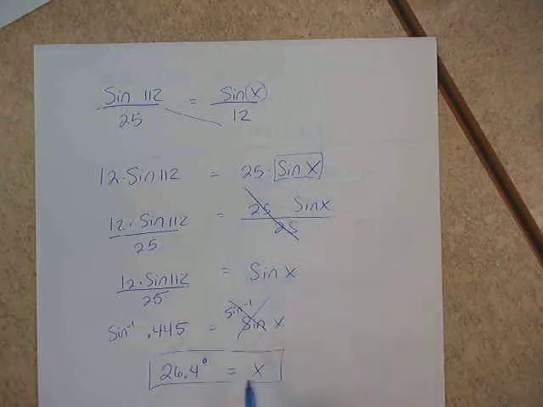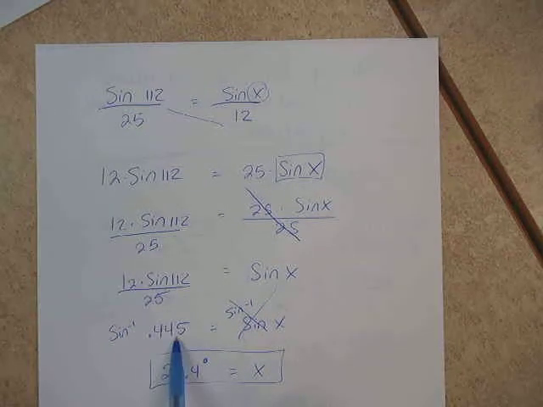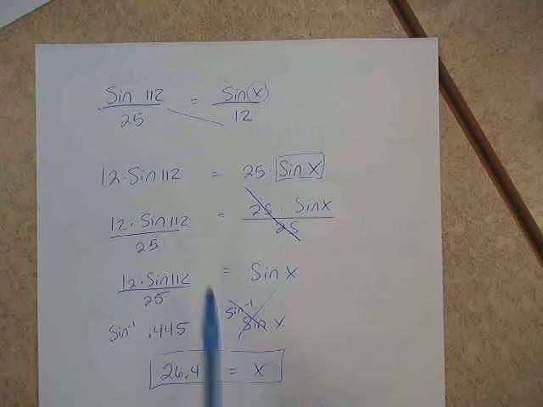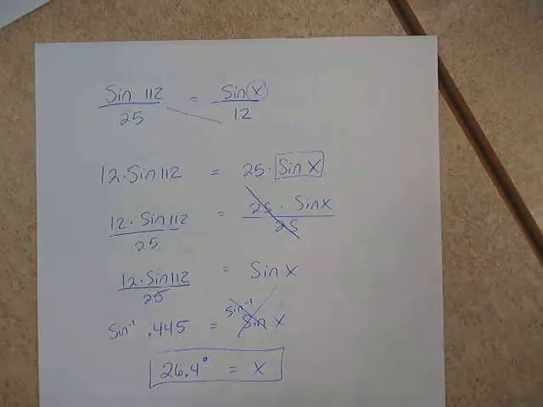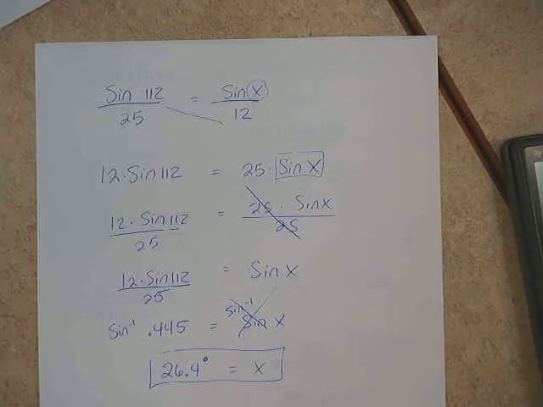If I got to this point, would it make sense to you to have an angle that was 0.44 degrees? Probably not. So that should be your clue. You're solving for an angle, and this would not make sense. So you've got to take it that step further and do the inverse sine. Okay.